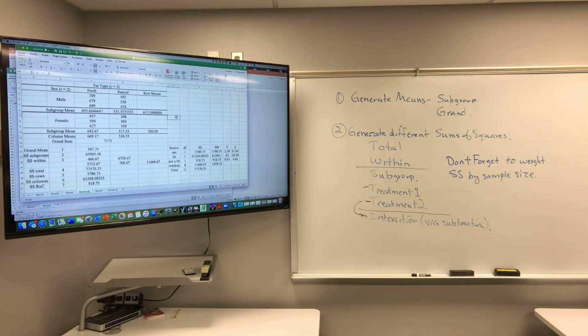SS total is this with the green, for everything. Yep.